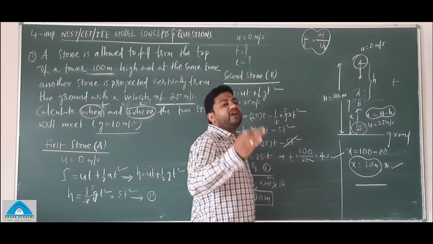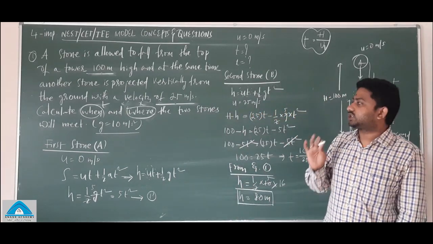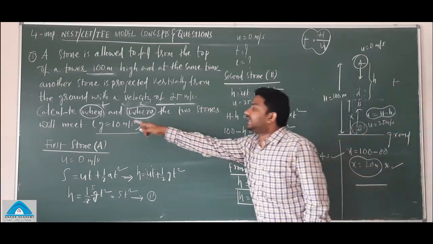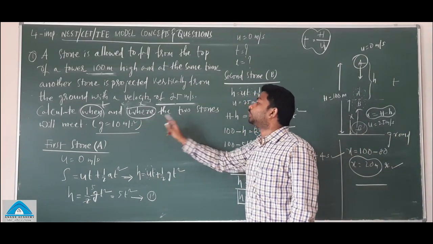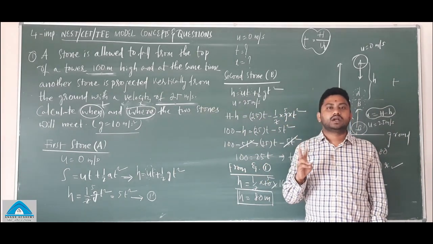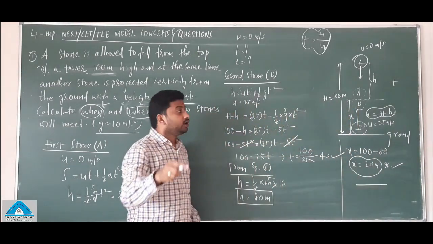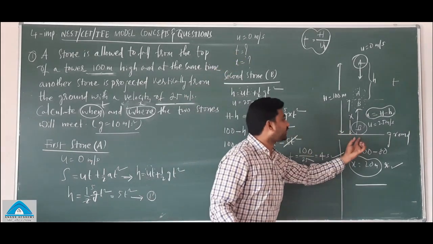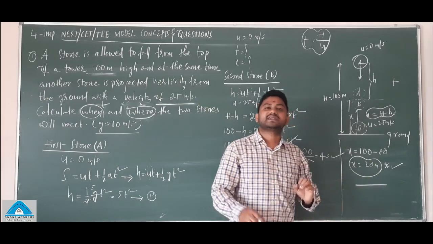So you should be very careful while reading the question. Look at it: calculate when and where the two stones will meet. Two possibilities we have done. Time is 4 seconds, and from the top of the tower they meet at 80 meters, from the bottom of the tower at 20 meters.